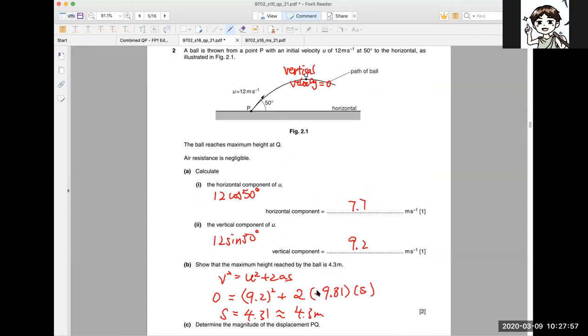Find the T and find the S. You can find the time to go up to the maximum height, then multiply it by the horizontal component to get the range covered, and then use the Pythagoras theorem.